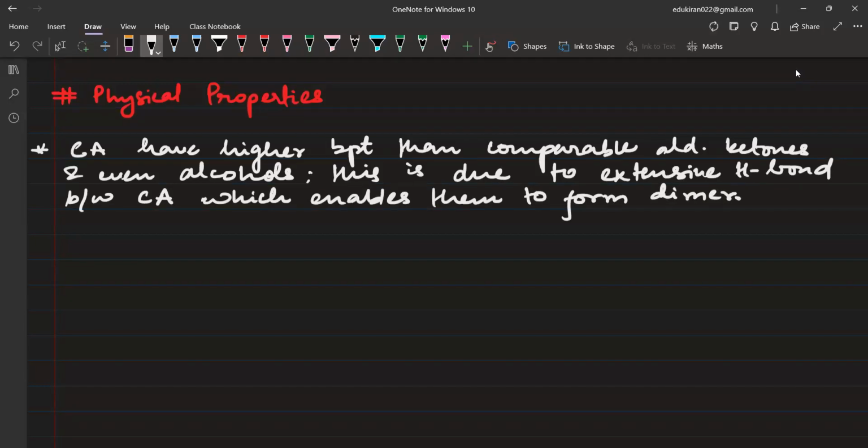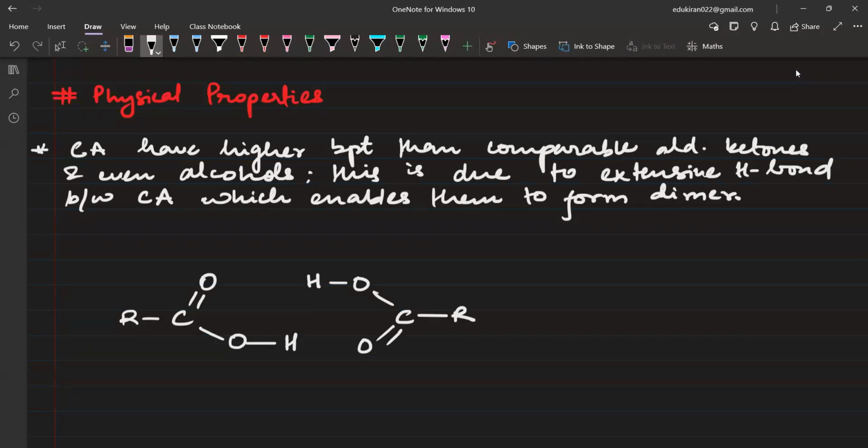dimer. What happens in carboxylic acid is you have R, C double bond O, and OH here. Okay. And you have, let us suppose, carbon atom, double bond O, and OH here. And here you have R. So these are the two molecules of the same carboxylic acid. When you have carboxylic acid, that molecule will not be individual.